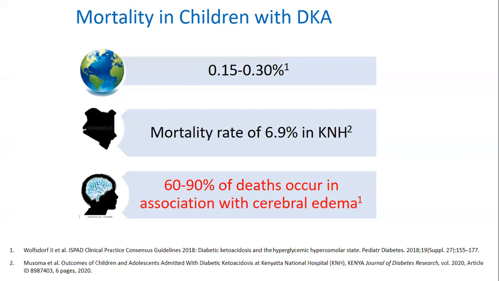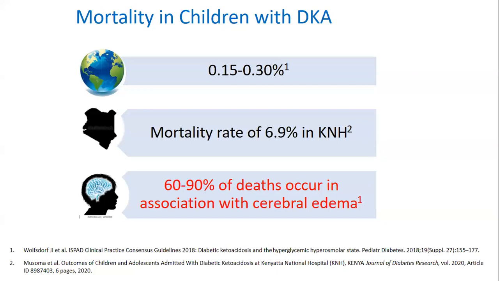They found that high mortality was more in children who had deranged UECs, especially those who had acute kidney injury at the time of admission, and those who came with altered level of consciousness, like the ones who had low GCS levels, probably because at the time they presented to the hospital, they already had features of cerebral edema. And 60 to 90% of deaths occur in association with cerebral edema.